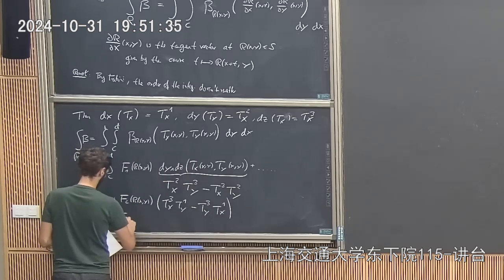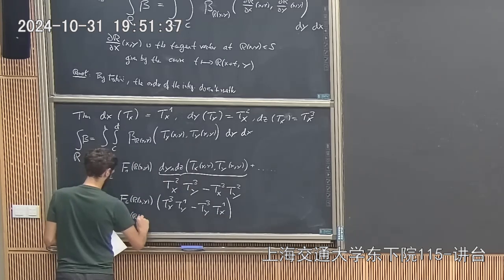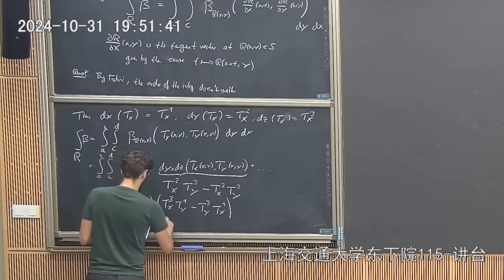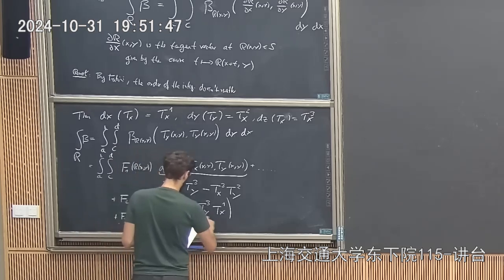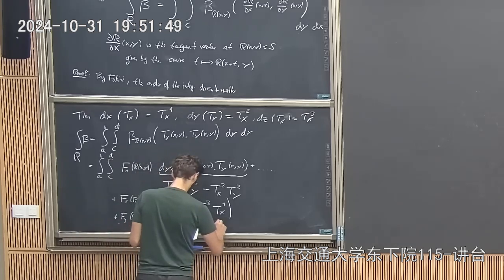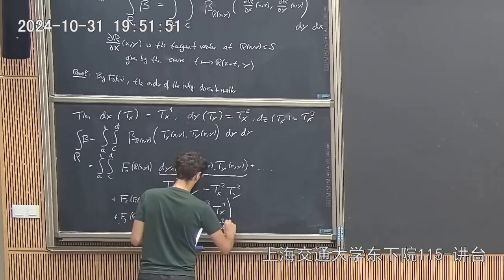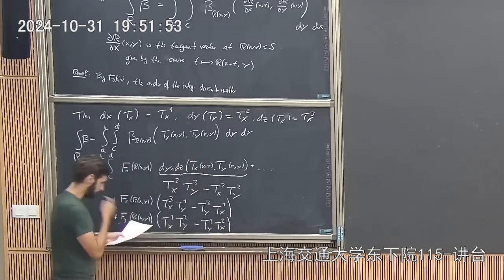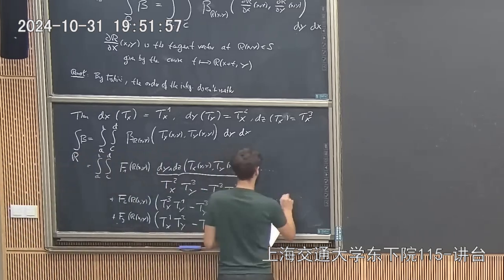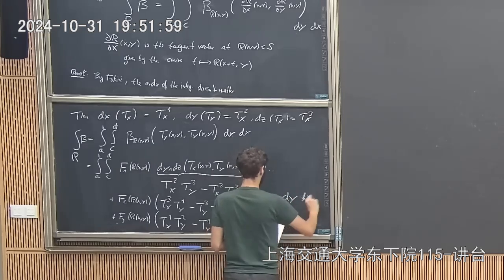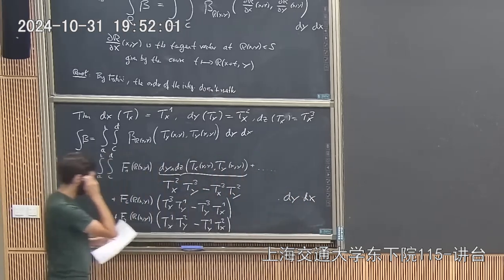plus f3 times (T1x T2y minus T1y T2x), and then we have to integrate all of that stuff over dy and dx.